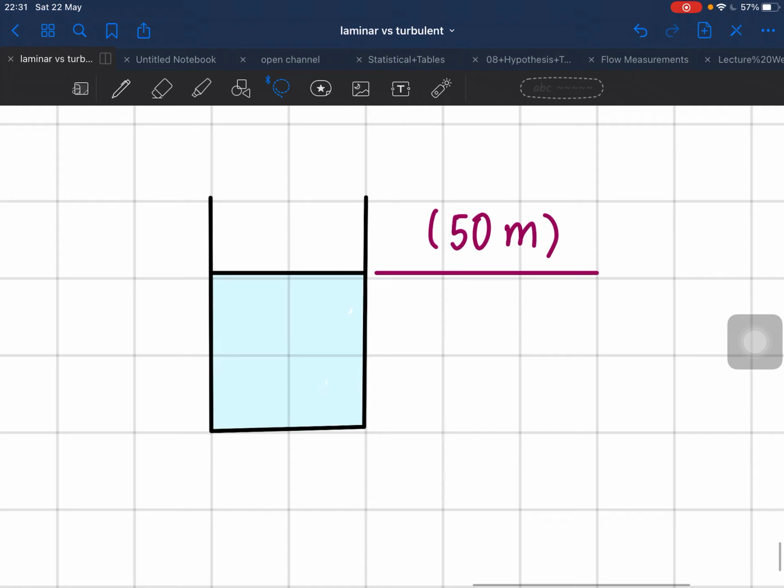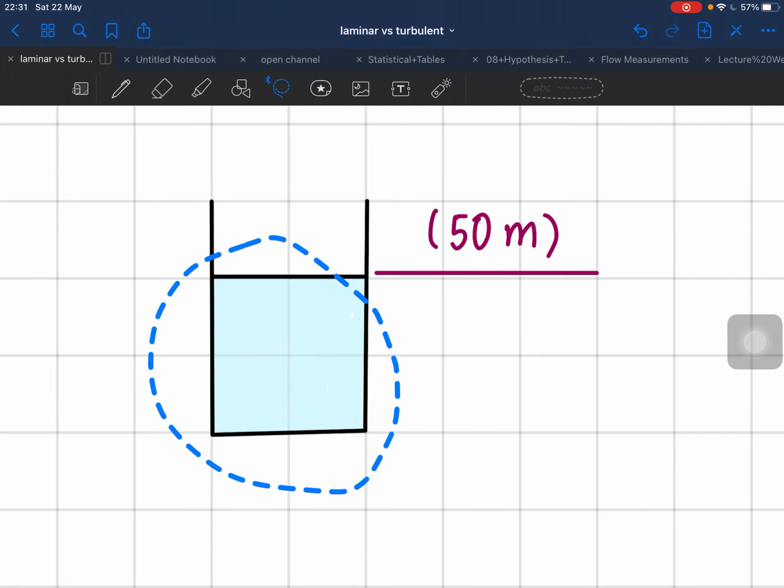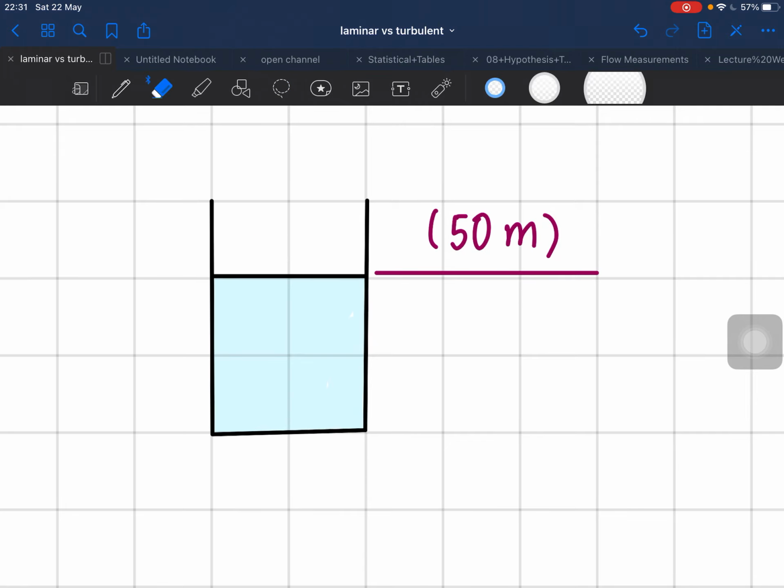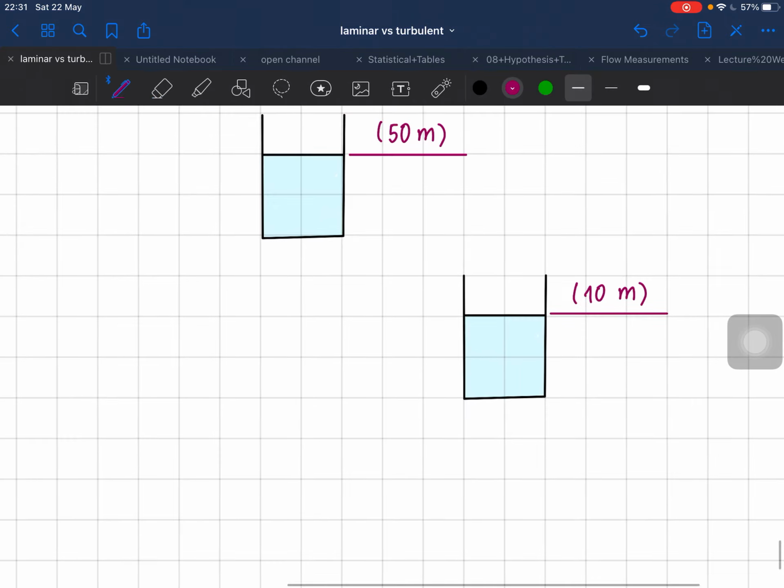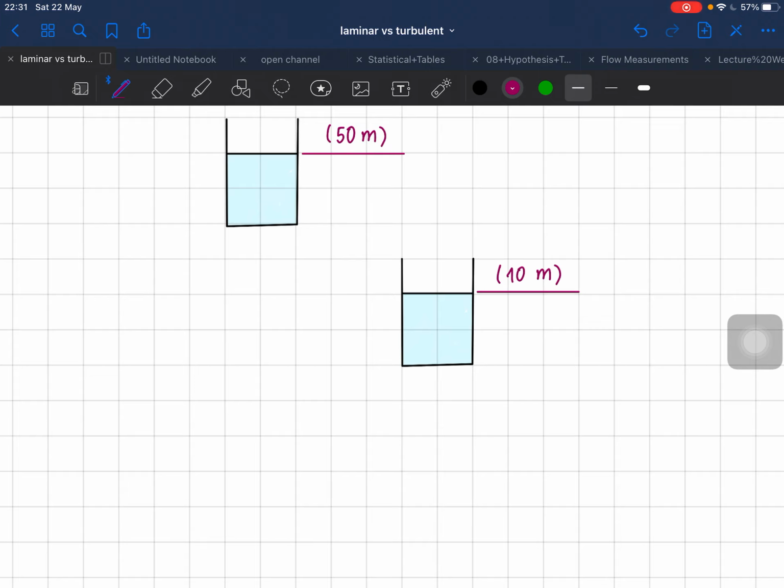Am I right? To be precise, 10 is actually here, right? Or am I wrong?